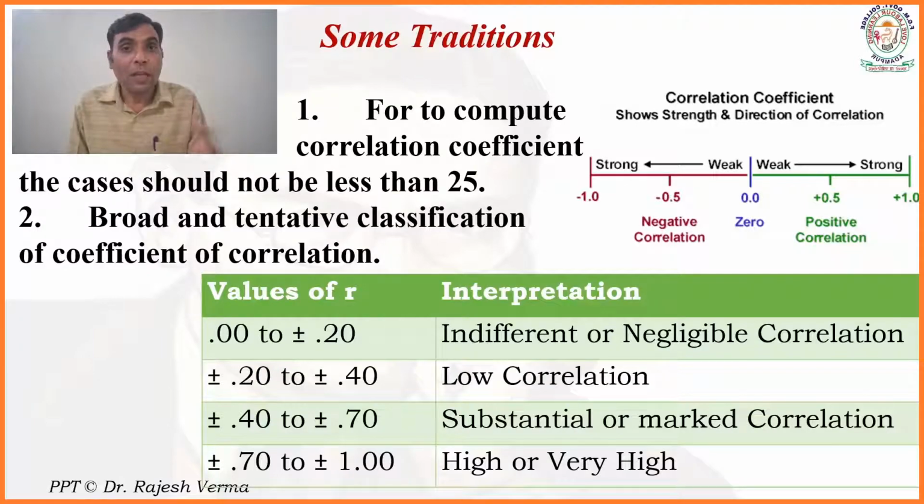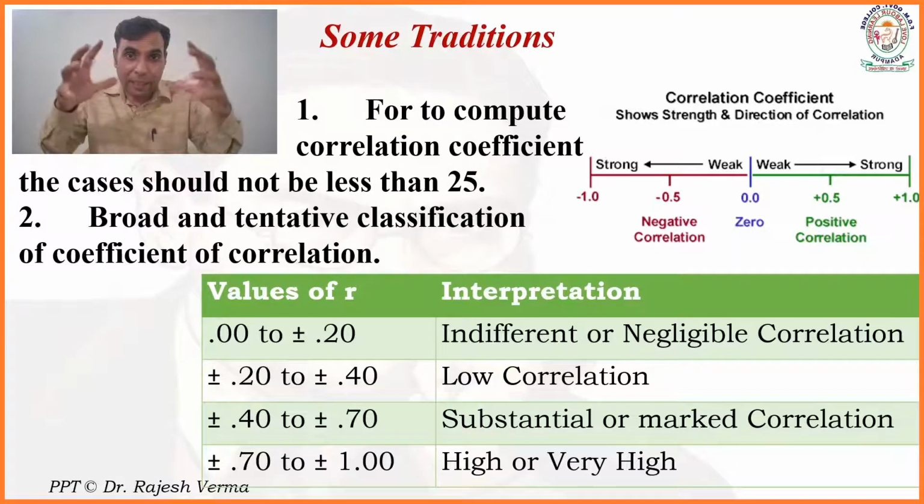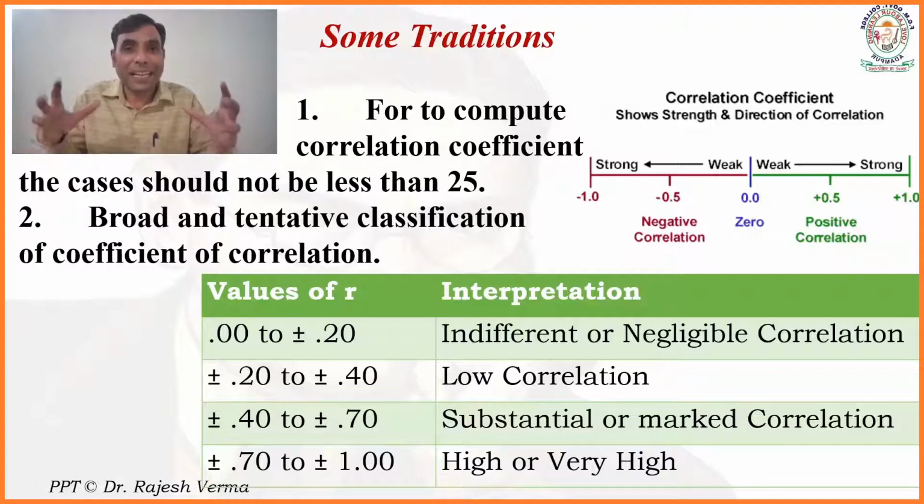And to understand the degree and direction of the correlation coefficient, a broad classification is made by the stalwarts of statistics. It is not the absolute one. Remember this point. These are traditions that have to be followed.